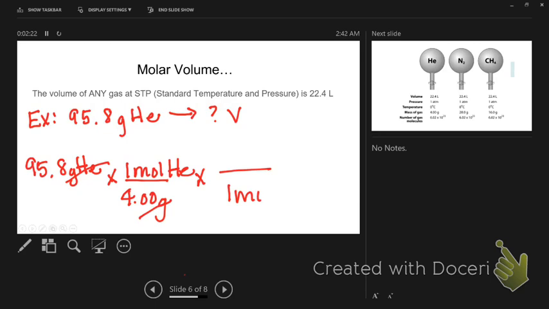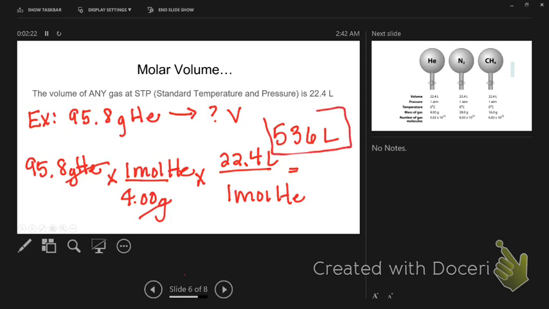I want 1 mole of helium on the bottom, and it has a volume of 22.4 liters, okay? So I do the math, and I end up with 536.48, but I only want 536 liters, okay?